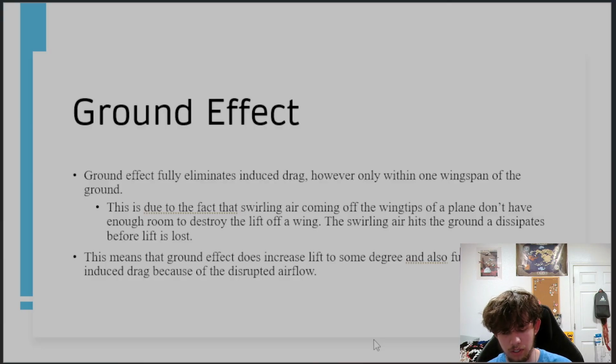Something to note, induced drag can be eliminated at the lower airspeeds in a very specific situation. Induced drag is eliminated to almost zero when an aircraft is within one wingspan of the ground. This is because as the wingtip vortices are coming off the back of the wing, they don't have enough space to fully form off the wingtip.